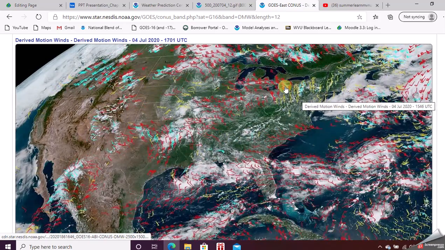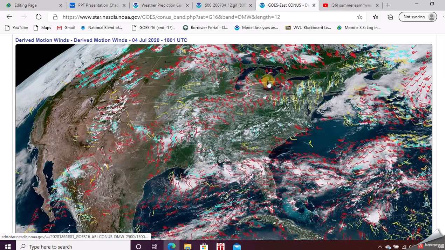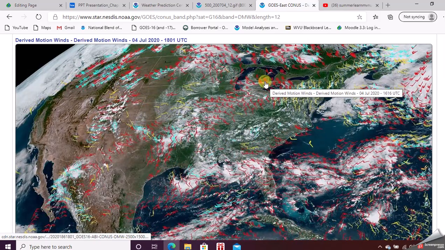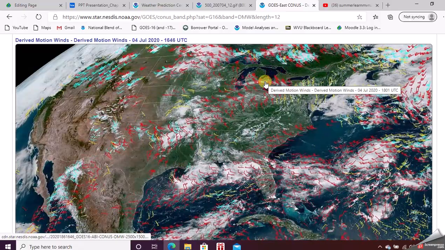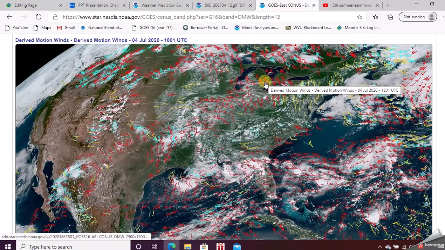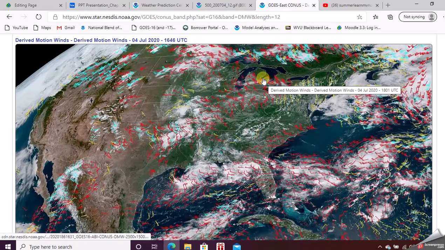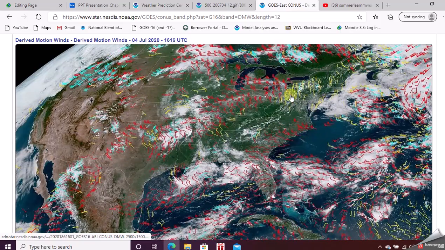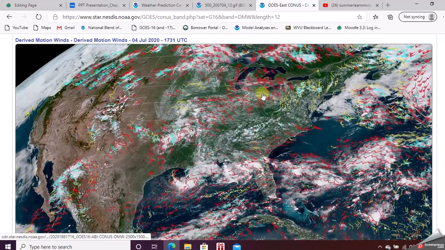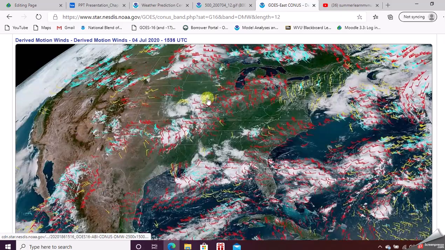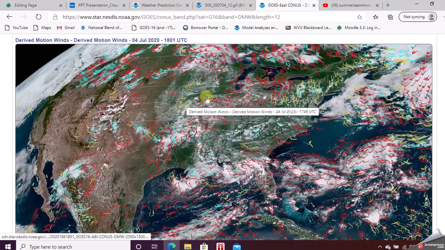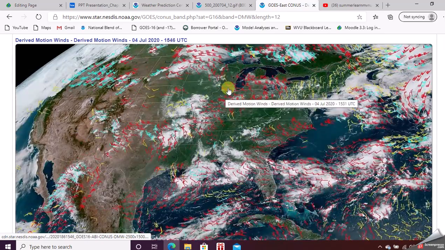Notice the red up here. The red is above 25,000 feet, maybe over 40,000 feet, kind of a cirrus, jet stream kind of cloud. You can see they're out of the west. We talked earlier about winds moving in different directions, and you can really see that here. We have an easterly wind at low levels and a westerly wind at high levels.